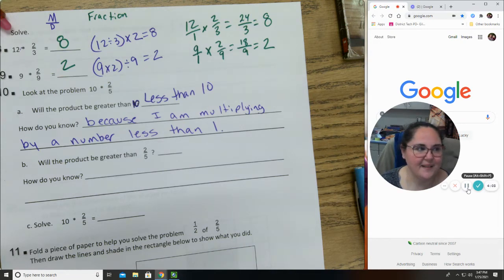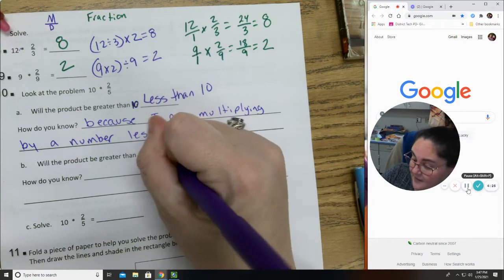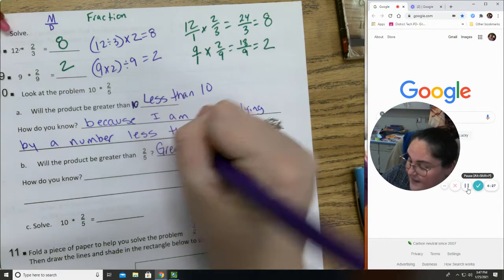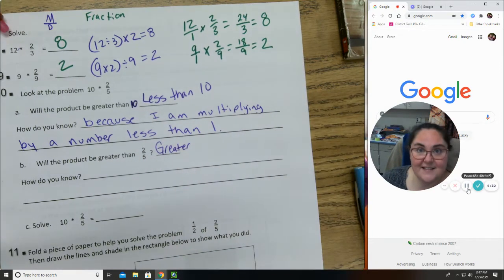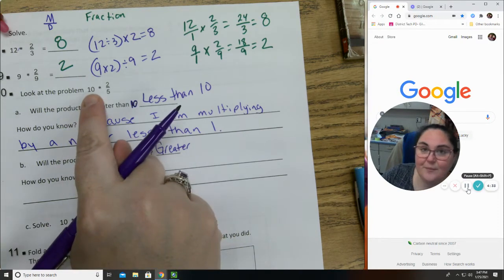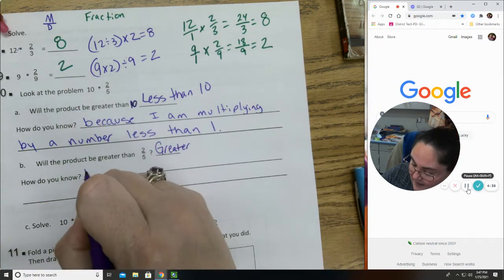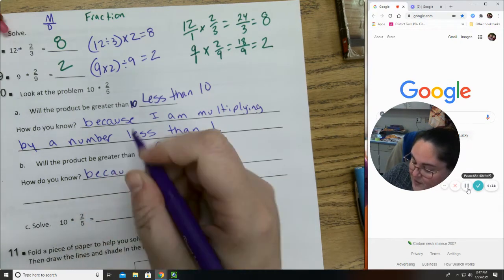All right, let's do the next part. It says, will it be greater than 2/5? So greater than 2/5 or less than 2/5? What do you think? This one's going to be greater than 2/5 because I'm multiplying by a number bigger than 1.